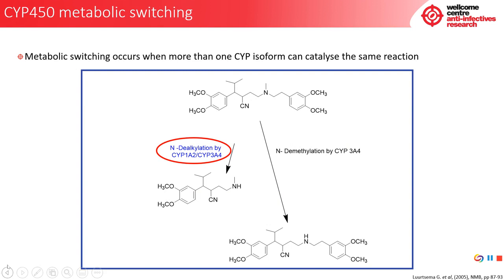In this case, the N-dealkylation of verapamil again, which can be performed by CYP1A2 or CYP3A4. So if CYP1A2 was blocked, CYP3A4 will assume the sole role of N-dealkylation of verapamil and therefore prevent buildup or drug-drug interaction.